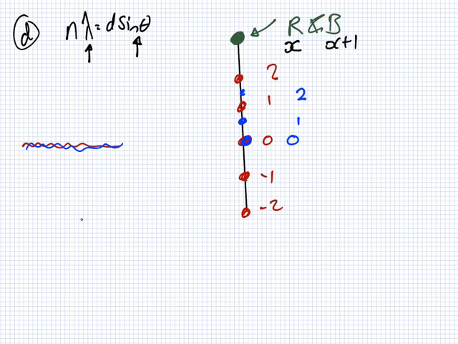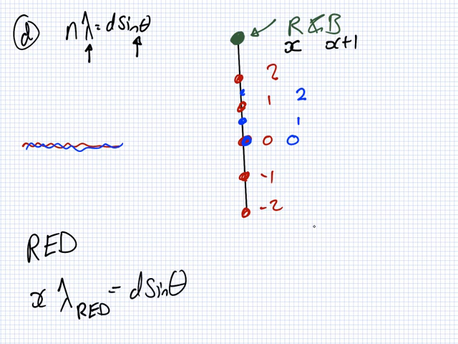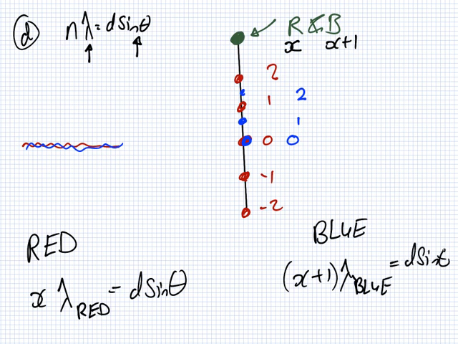Okay. So you have two formulas here. For the red, x lambda for the red light equals d sine theta. And then for the blue, you have x plus 1 lambda, the blue light, equal to d sine theta. But if these coincide, it means that the sine thetas are the same angle. And of course the d is the same.